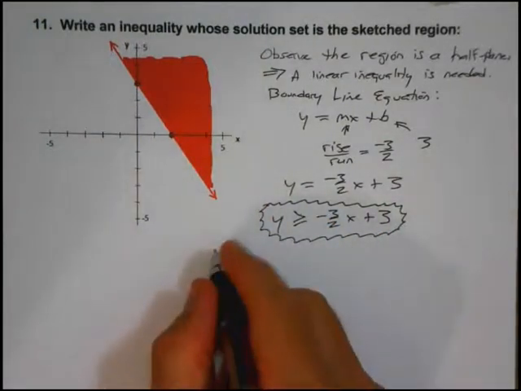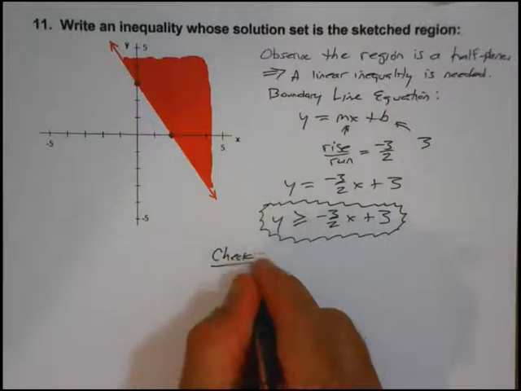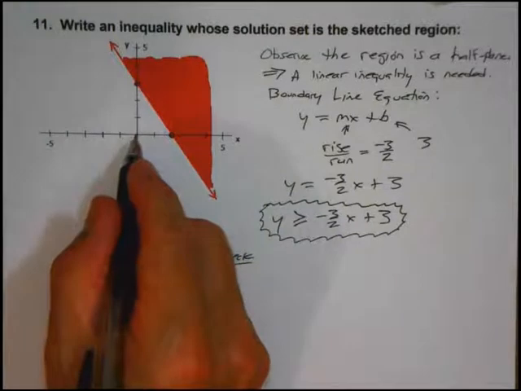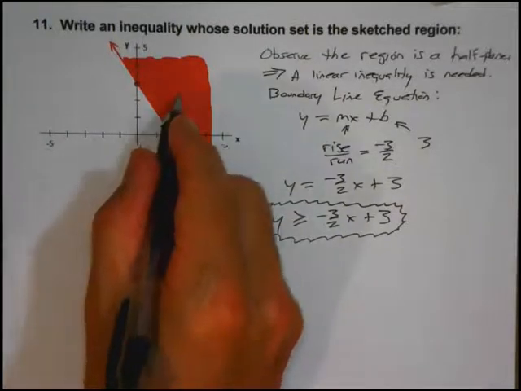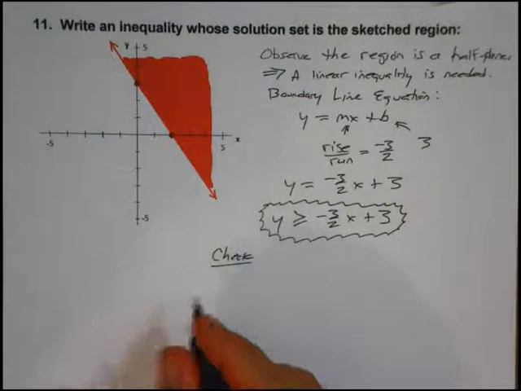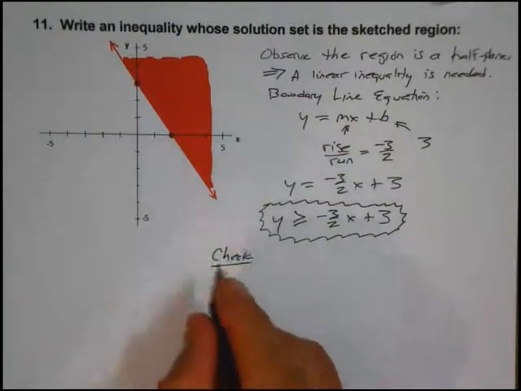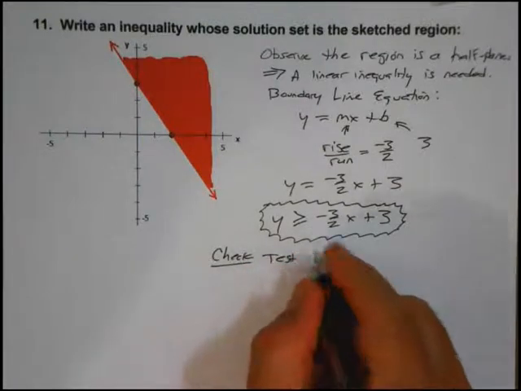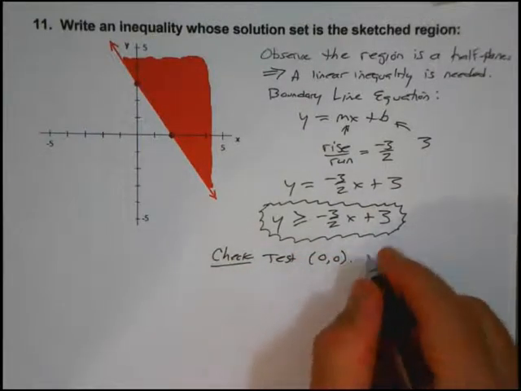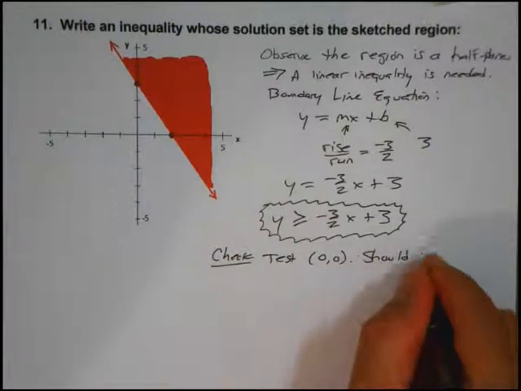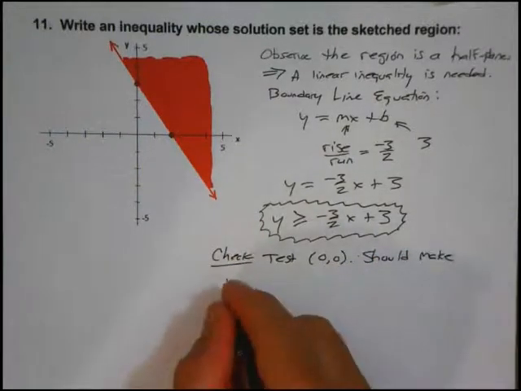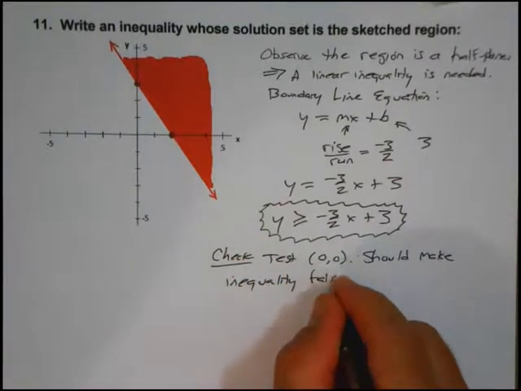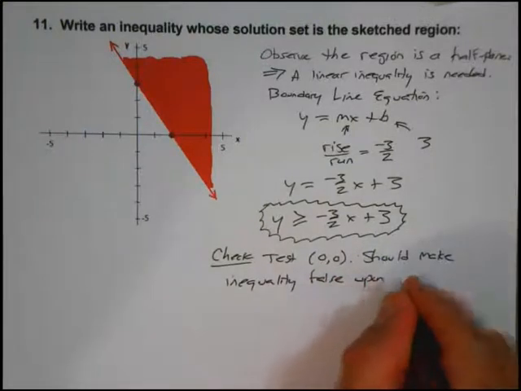Now, let's give this a check. Here's a way you can check. 0, 0, the origin, is not in the region. So, upon substitution, 0, 0 should make this inequality false.